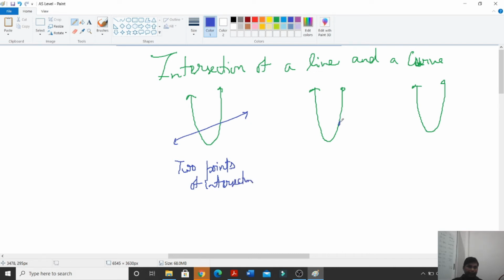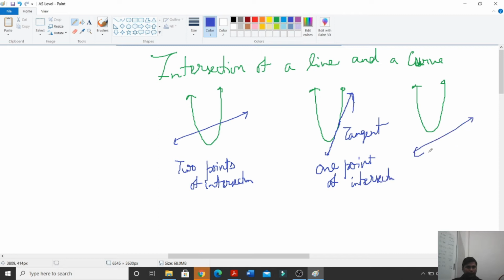They can intersect like this, so it's like a tangent to the curve. Here it is one point of intersection. And it can be like this, zero points of intersection or no intersection. So isn't it like discriminant: two solutions, one solution and no solutions?